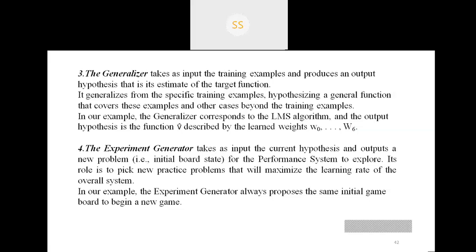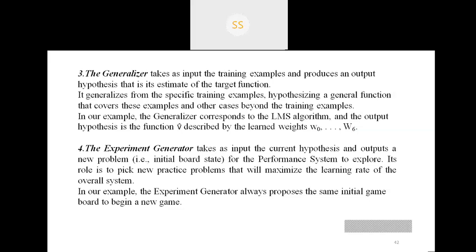In our example, the generalizer corresponds to the LMS algorithm, and the output hypothesis function is described by the learned weights, that is W0 to W6. The generalizer generates the hypothesis from the given training examples.